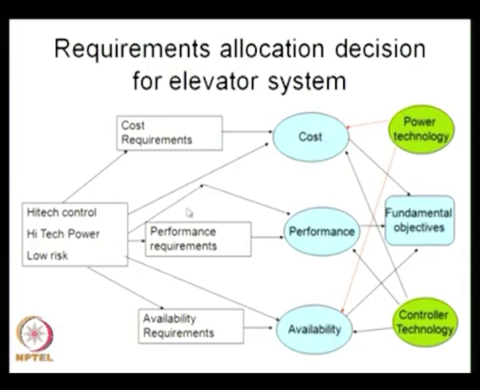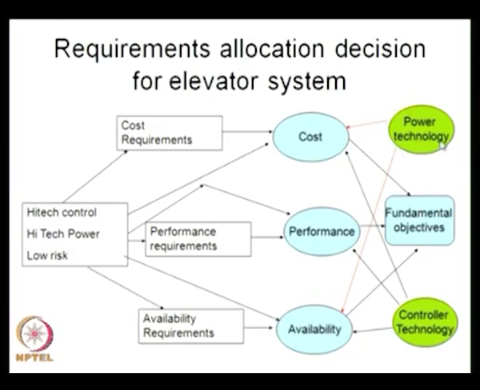This is a decision node, these are the chance nodes, cost, performance and availability, and of course we have the value of the fundamental objective to be met. The fundamental objective is basically the design objective, the purpose for which the elevator is being made. Whether you go for high tech control or high tech power, we need to meet the fundamental objective of the system design.